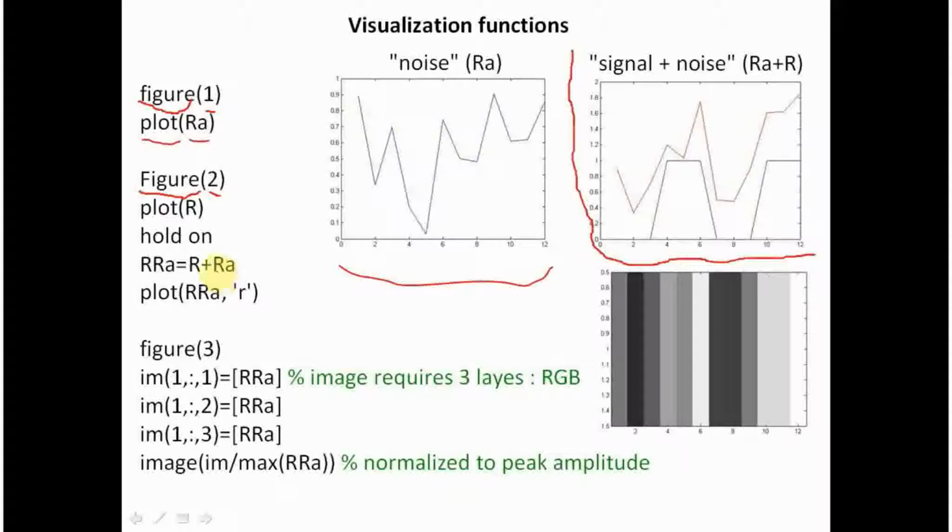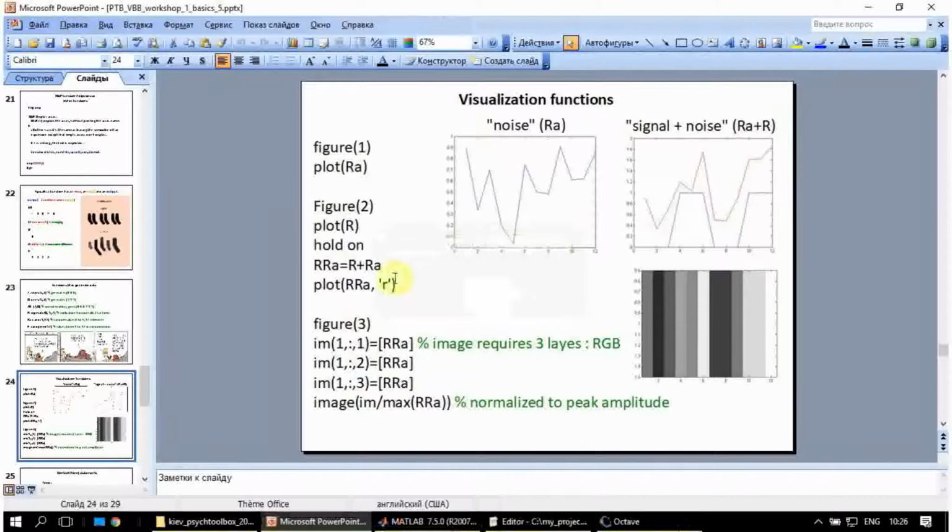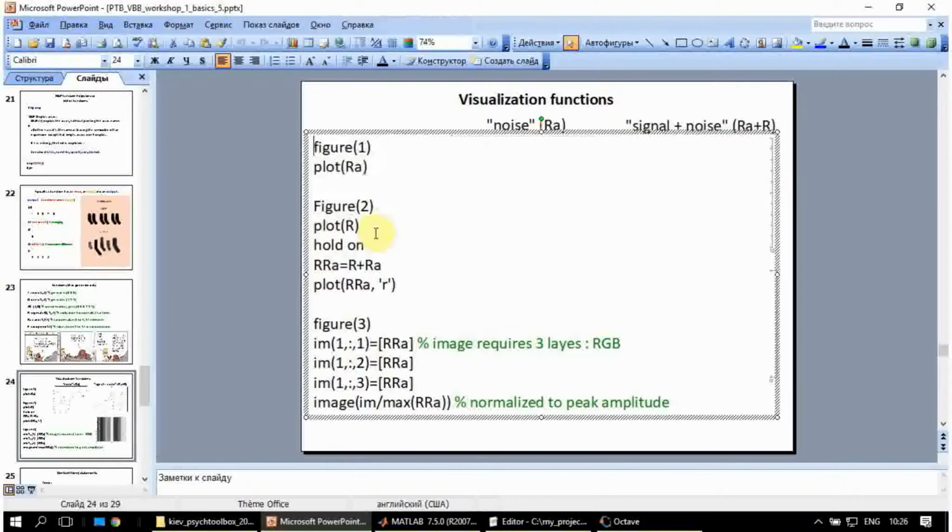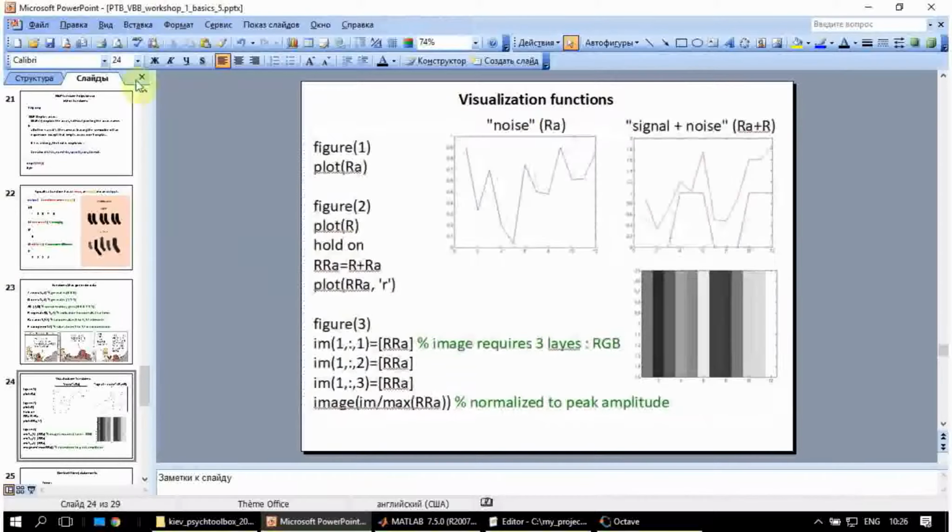You can pick any number, but if you type the same number again, you will use the old window for the figure. By the way, this is an obvious typo. You don't use capitals for functions. It should be small letters.